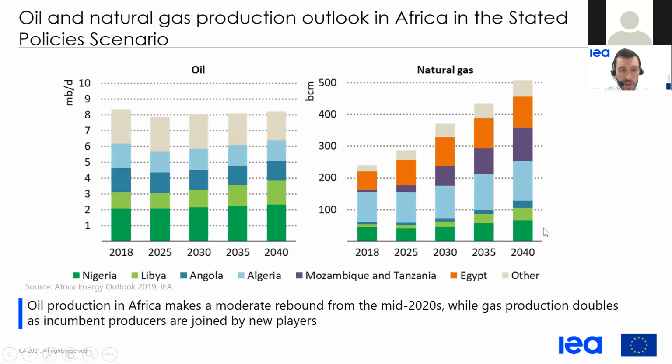The contribution of Nigeria is expected to be around the same, but you would have new players reinforcing their weight, including Mozambique, Tanzania, and Egypt. You also have large resources recently discovered in South Africa, Senegal and Mauritania that would make Africa weigh more in natural gas export and production markets.